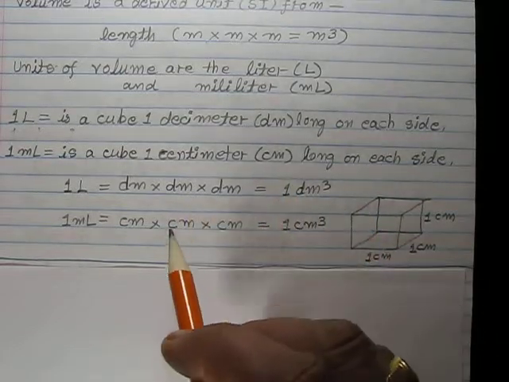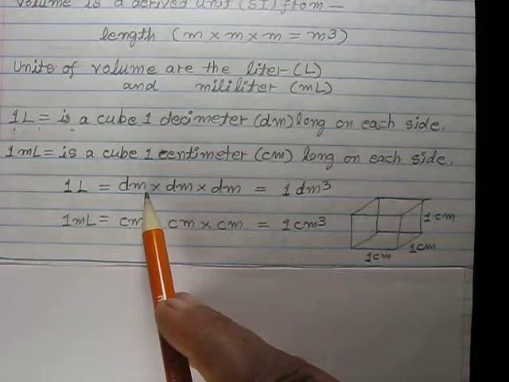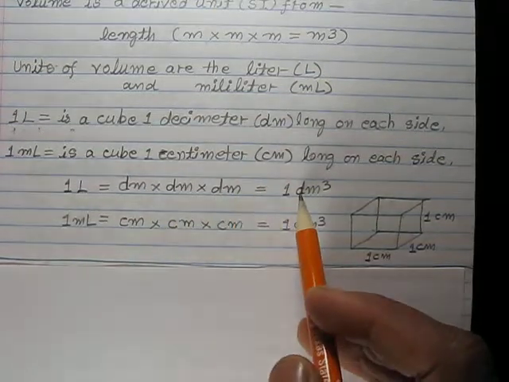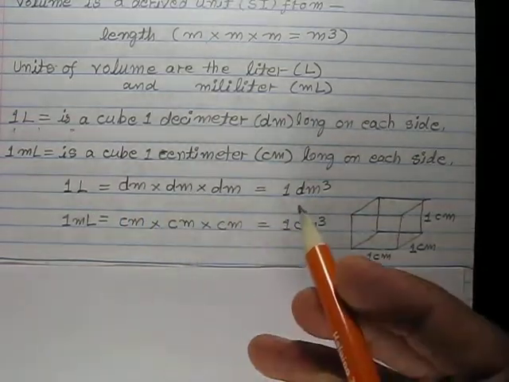Similarly, a decimeter multiplied by decimeter by decimeter will be equal to 1 liter. Decimeter means 10 centimeters.